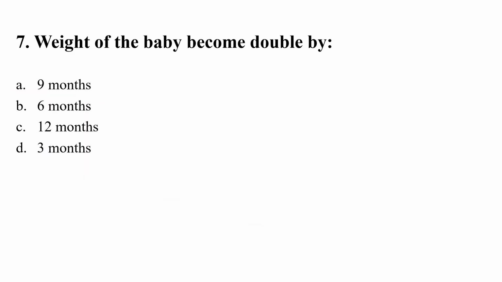Question number 7. Weight of the baby becomes double by option A, 9 months, option B, 6 months, option C, 12 months, option D, 3 months. Here the weight of the baby at birth will be approximately 3 kg.